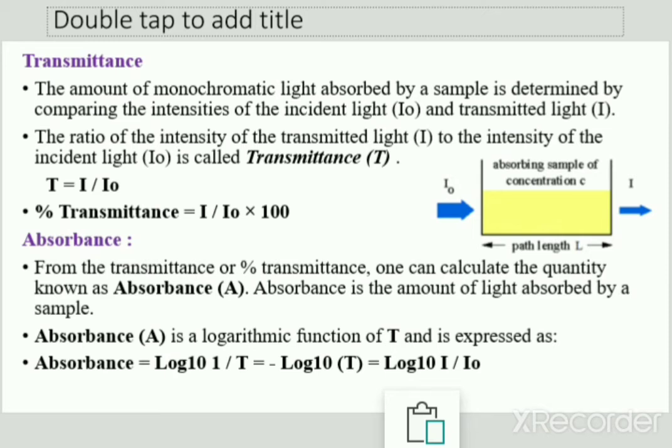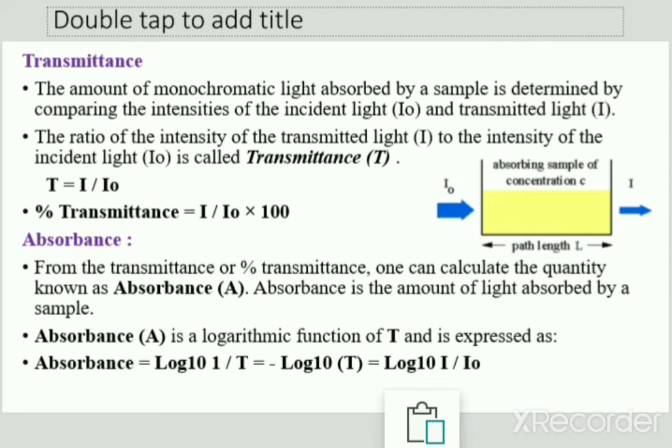So if you are not able to remember this full definition, you can also remember only the equations, and by equations you can easily define that term. Okay, so capital T is equal to I upon I0.